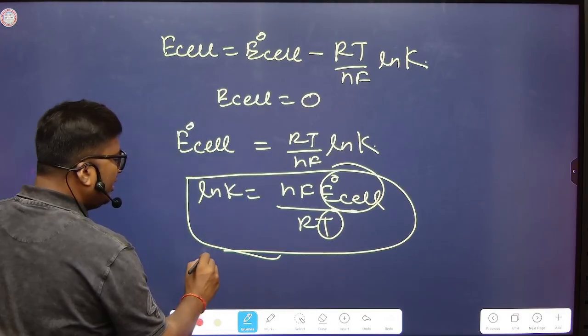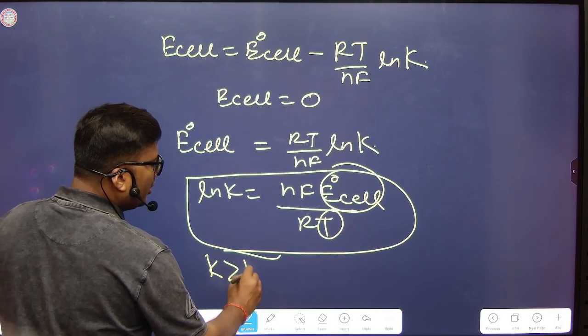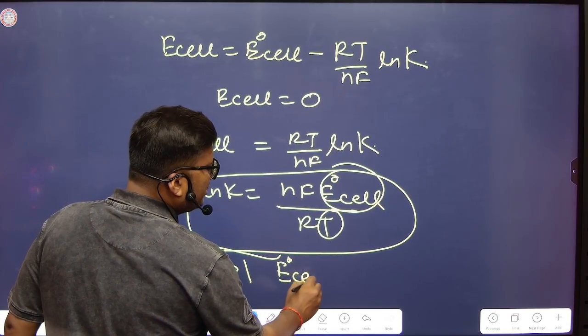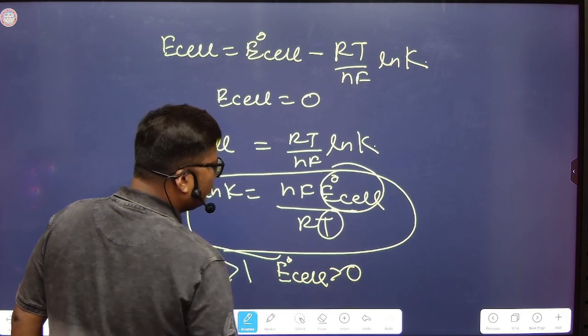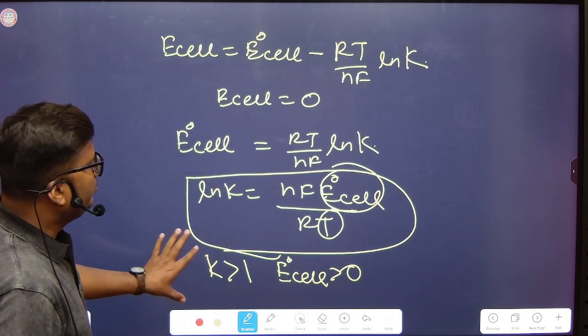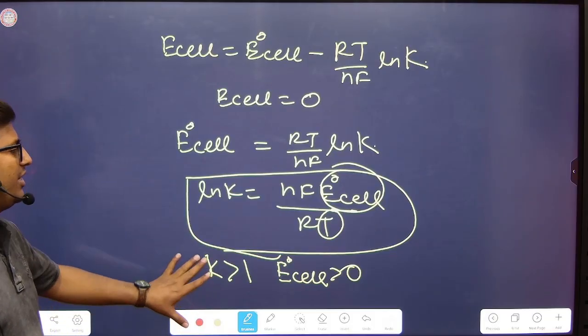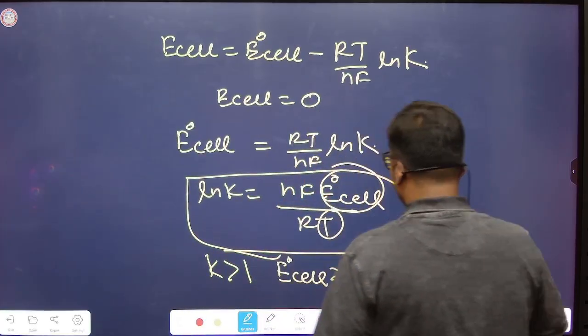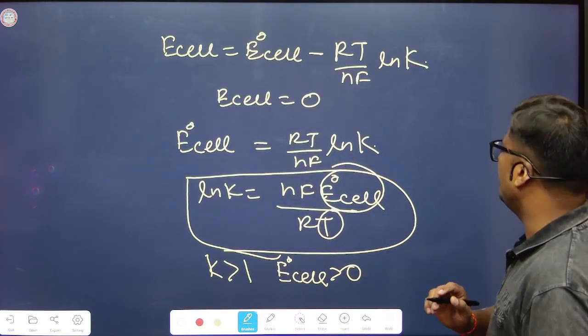If K is greater than 1, then E naught cell will be greater than 0. So the equilibrium constant must be greater than 1 if you want E naught cell greater than 0.